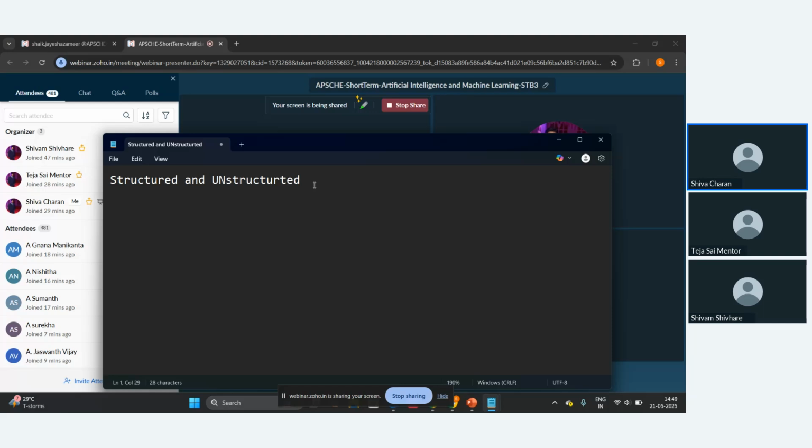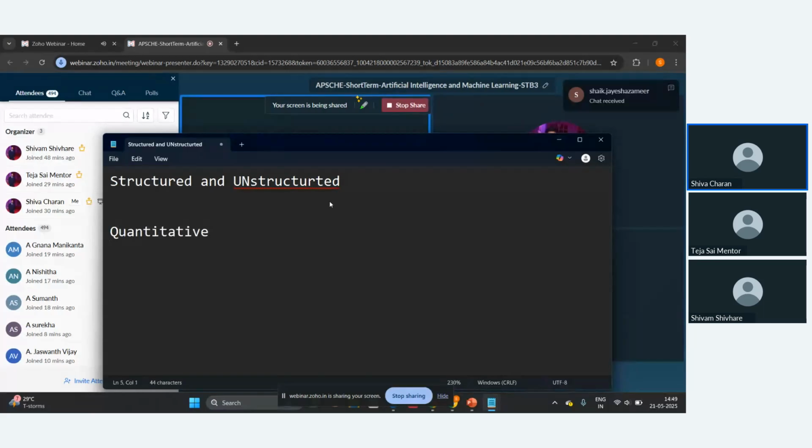Now moving into the structured data. In the structured data, we'll be having qualitative and quantitative data, especially in statistics.